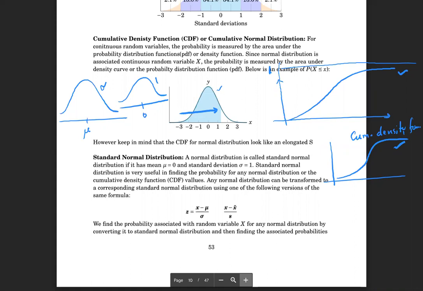If you have any normal distribution, you can map it to the standard normal distribution. Standard normal distribution is when you have a mean of 0 and standard deviation of 1.